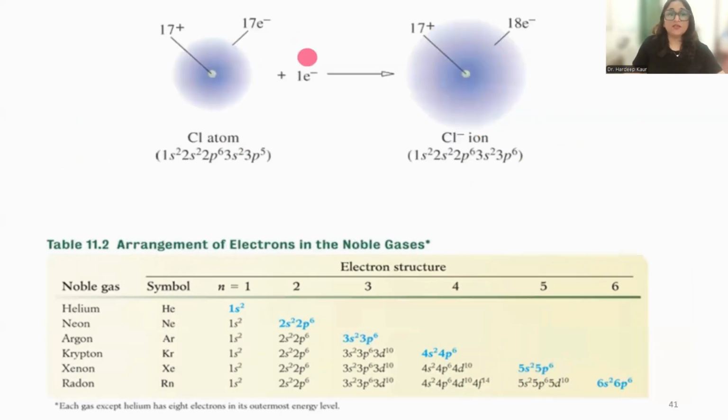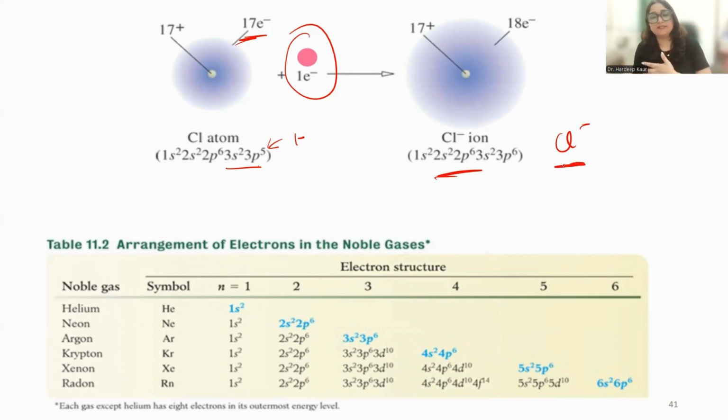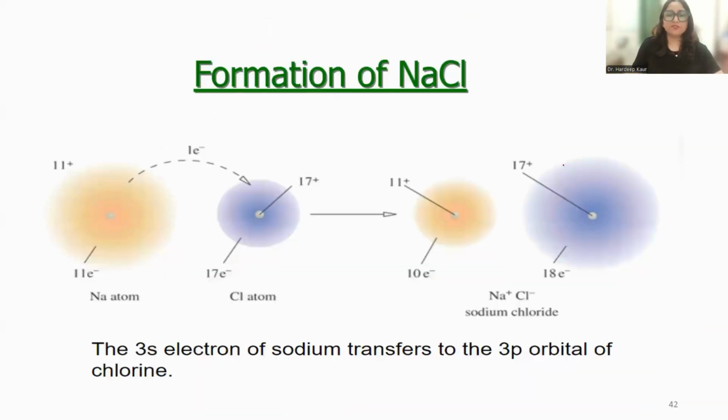But chlorine wants one electron to complete the octet. It should have been 3s2 3p6. So it can accept one electron. So Cl negative ion: it is a non-metal and it makes anions. Sodium is a metal, so it is converted into a cation. So this is how all the chemistry of the periodic table gives you the important formation of bonding.